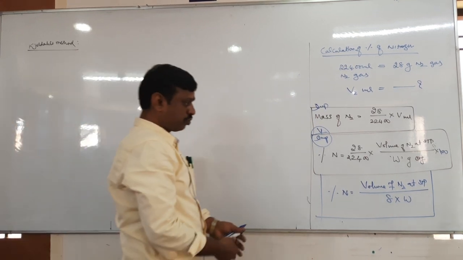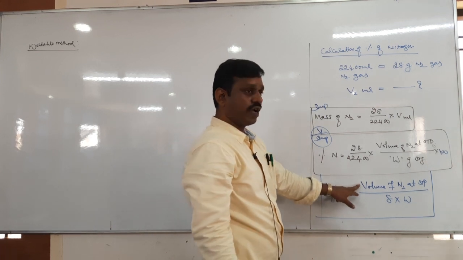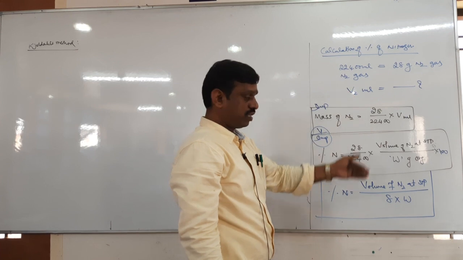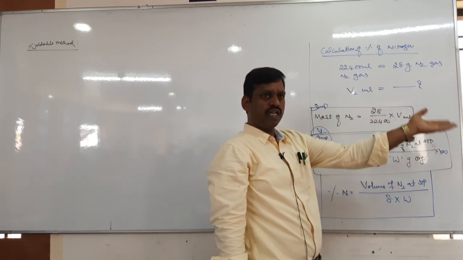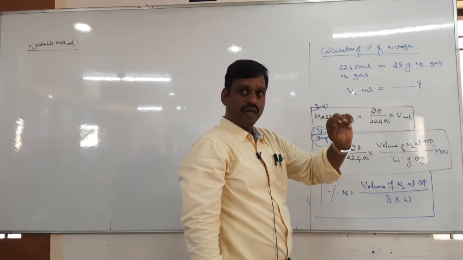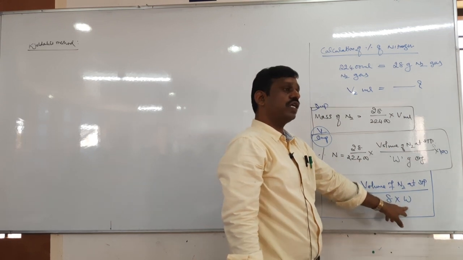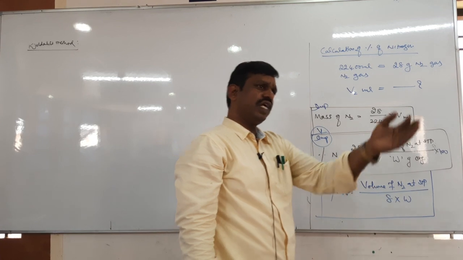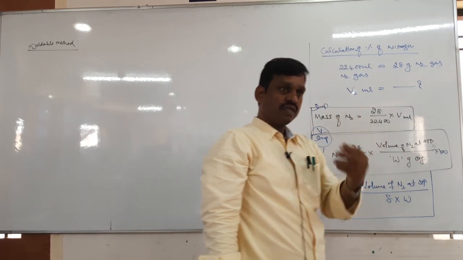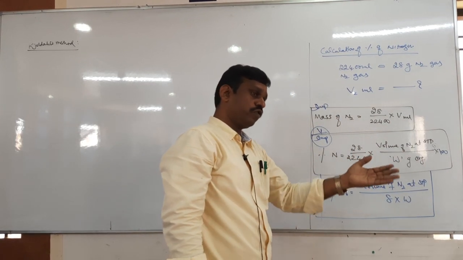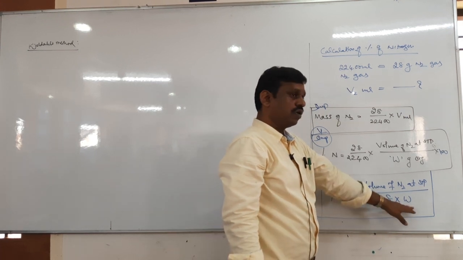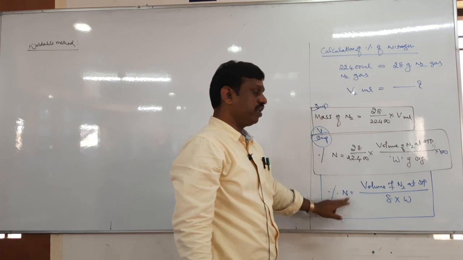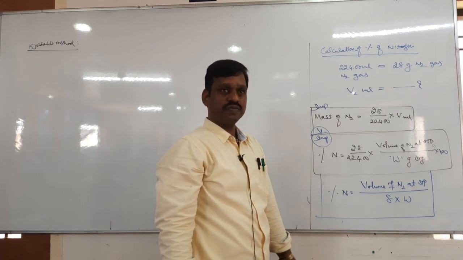See, in the question, they will give the volume of N2 gas liberated by Dumas method, something like 10 ml, 20 ml, 30 ml. And they will give the mass of the organic compound, 2 gram, 5 gram, 0.25 gram. Most of the time they will give less than 1 gram, like 0.2, 0.3, 0.4. W will be given, volume will be given. So you can get the percentage of nitrogen very easily.